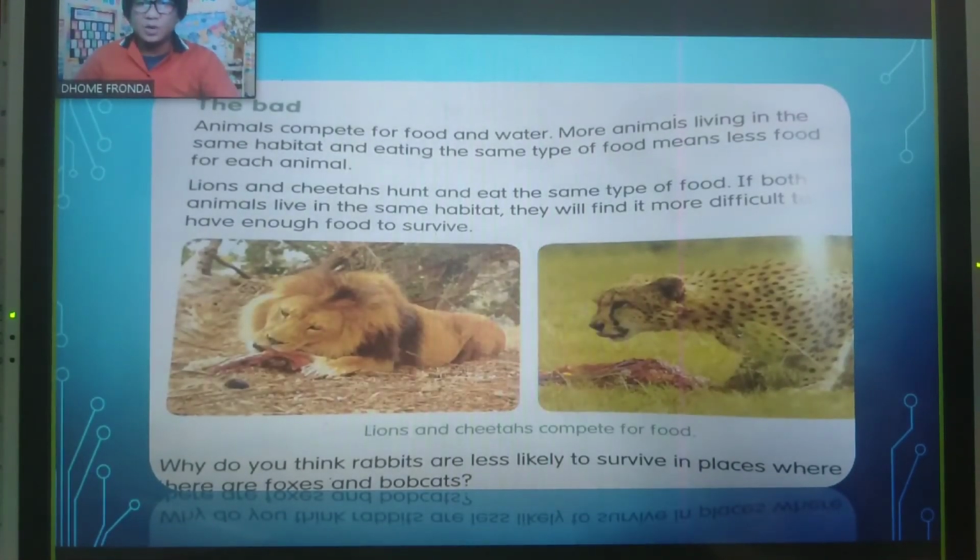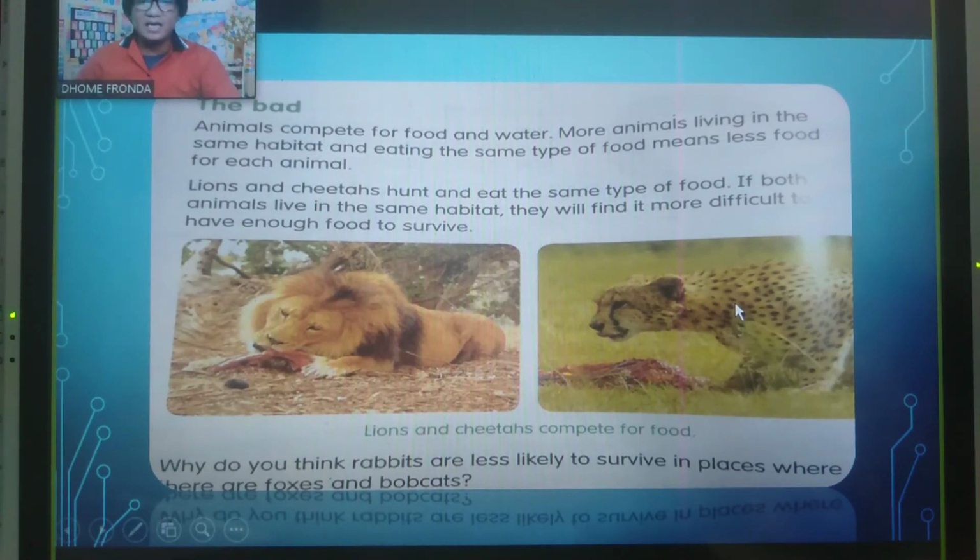Animals compete for food and water. More animals living in the same habitat and eating the same types of food means less food for each animal. You can see this lion and the cheetah.